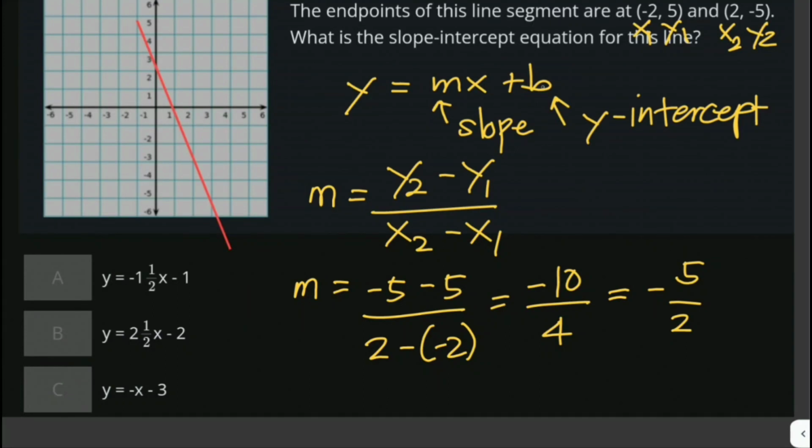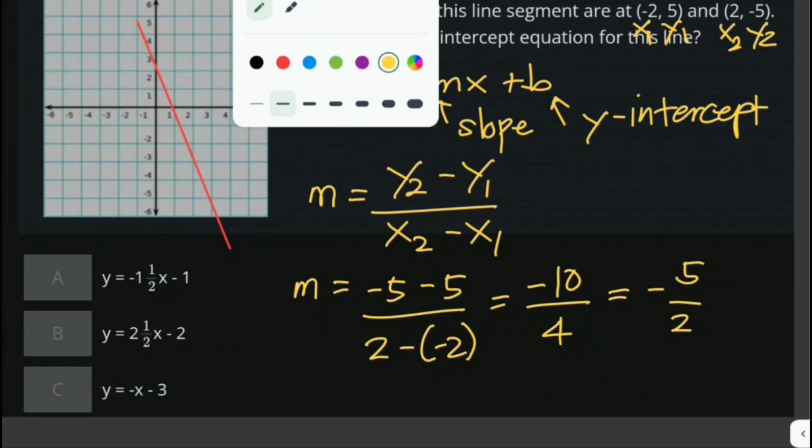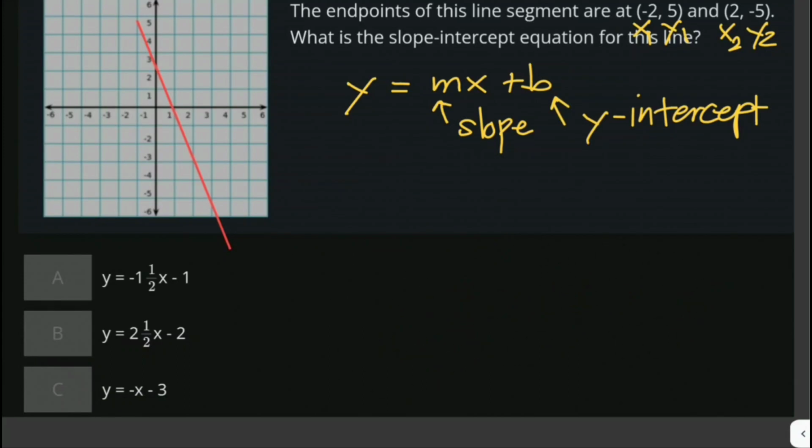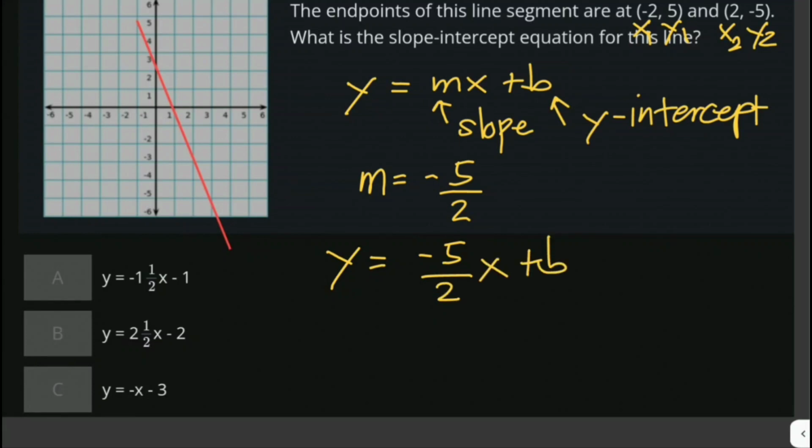We can now solve for the y-intercept b by plugging in one of the points here. So that would be y equals -5 halves x plus b. Then we can use either of the 2 points given here.